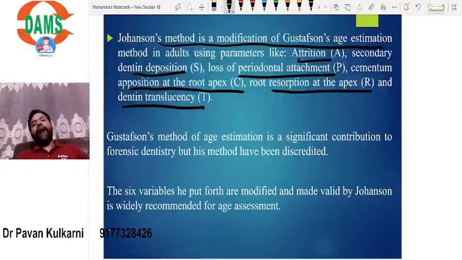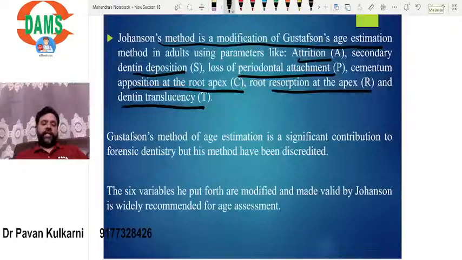Dentine that is formed after root completion is known as secondary dentine. So secondary dentine is continuously deposited throughout life. Loss of periodontal attachment, that is very common and obvious, that due to age, periodontal attachment is lost. Cementum is deposited at the root apex. Yes.